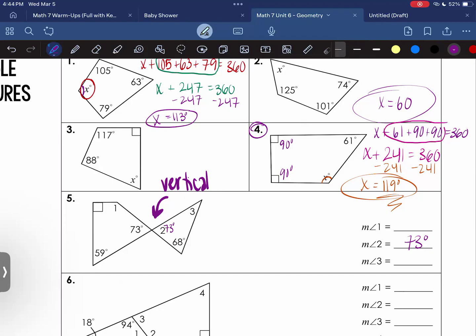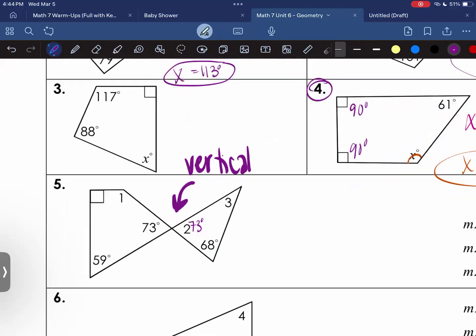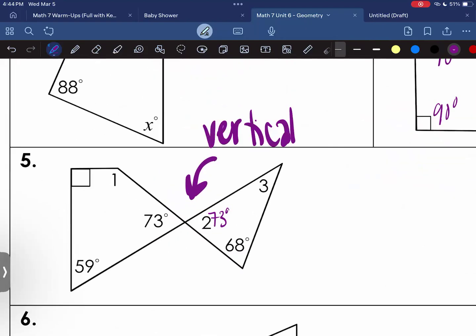Now the other two angles, angle 1 and angle 3, and notice that even though this is a number here, it's not saying that that's 1 degree. That's just what they're calling angle 1. So make sure you don't make the mistake of thinking that's 1 degree, because it doesn't have the degree sign like we have right there.